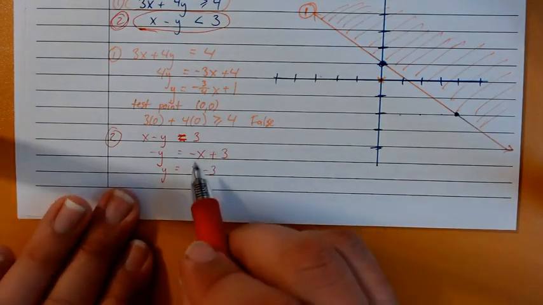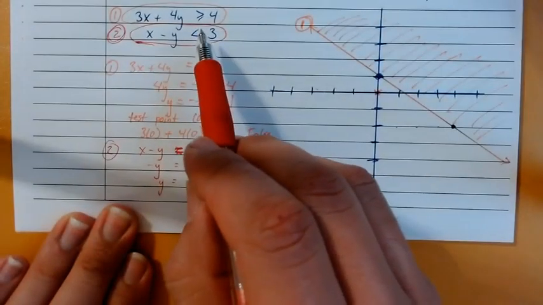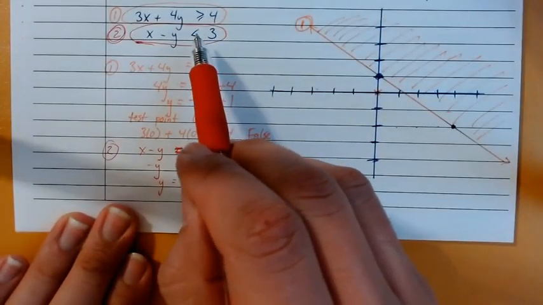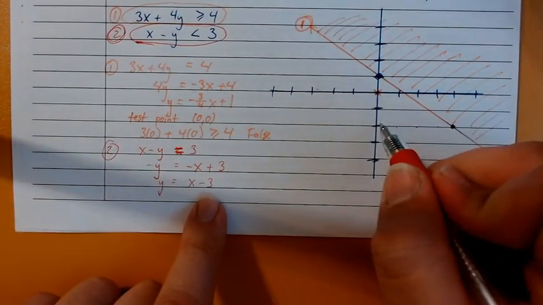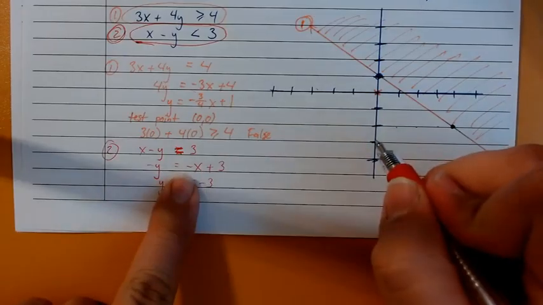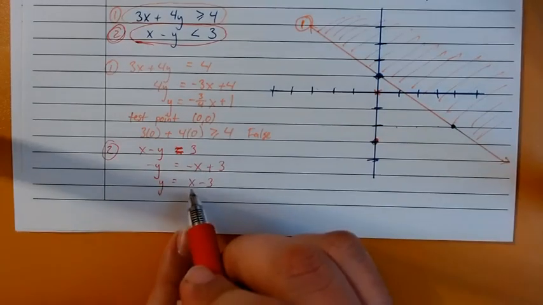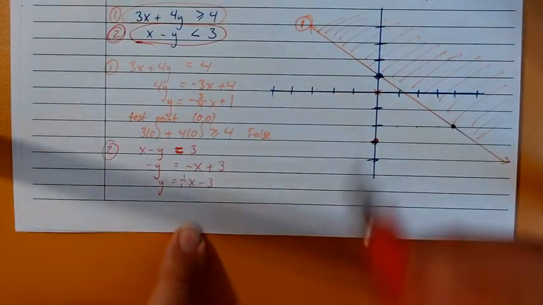So we can graph this. Now remember, this is an exclusive inequality. It's not less than or equal to, it's just less than. So for this one, we're going to use a dotted line. Our intercept is 0, negative 3, because after all, if x is equal to 0, y would equal negative 3. And our slope is 1, which remember is like saying 1 over 1.